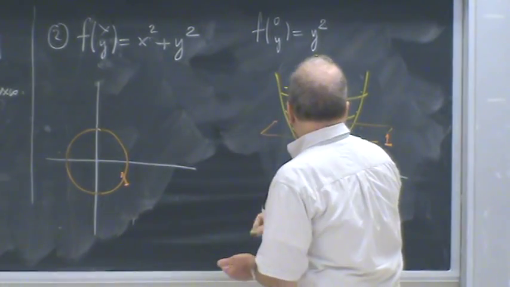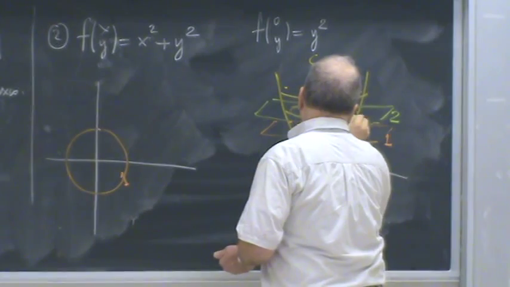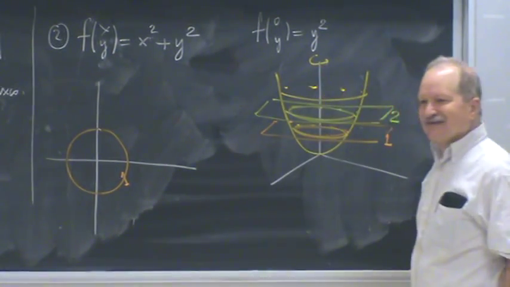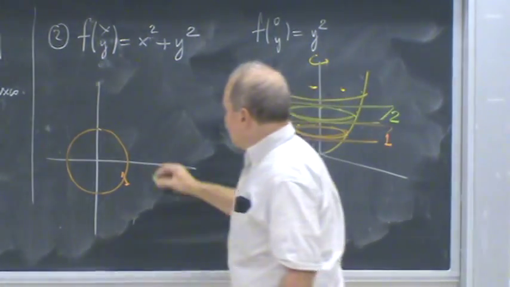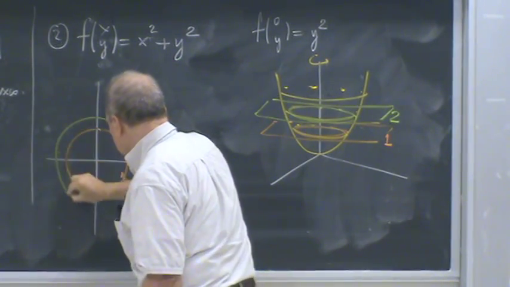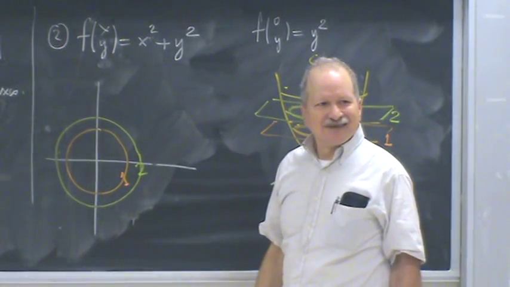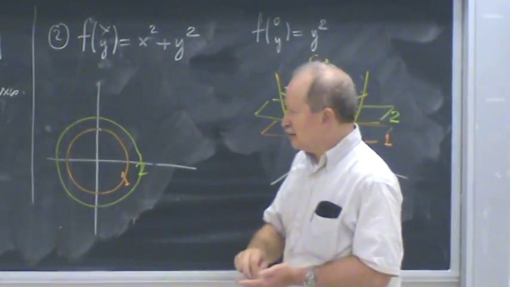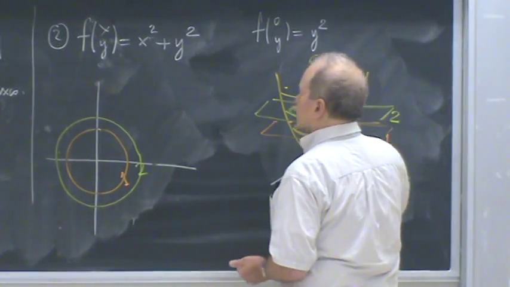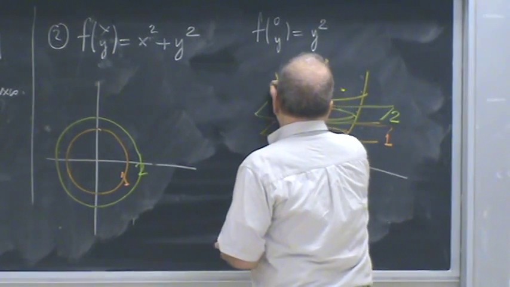At height 2, I'll have a circle. What radius? Square root of 2. So instead of being at distance 2, here I'm at distance square root of 2. But that's the 2 level curve. What about 3? Roughly 1.732. It'll be the square root of 3.